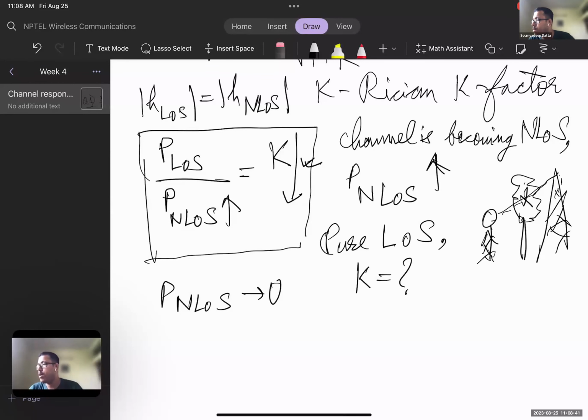So if the denominator is approaching zero and the numerator is finite, we'll have K approaching infinity. So this is one extreme case. And the other extreme is, of course, pure NLOS channel where K is zero. So this kind of concepts are there.